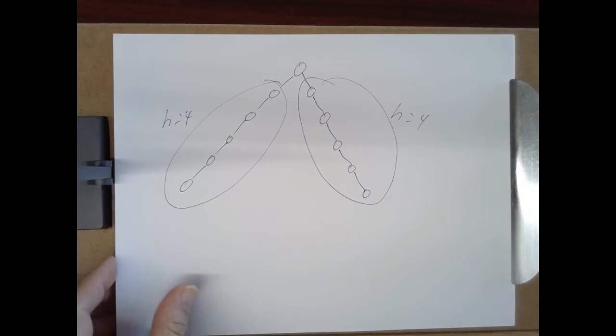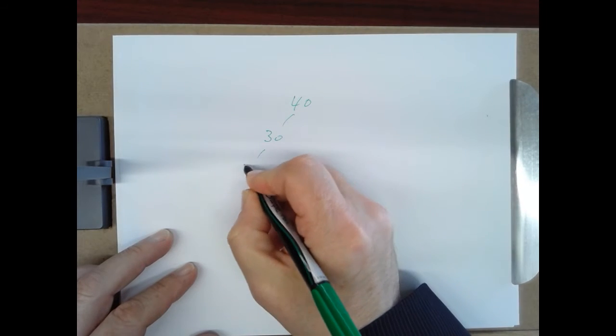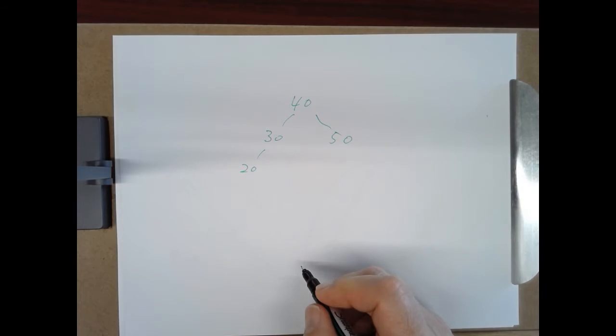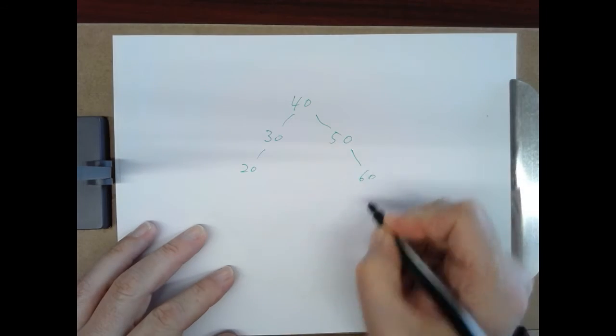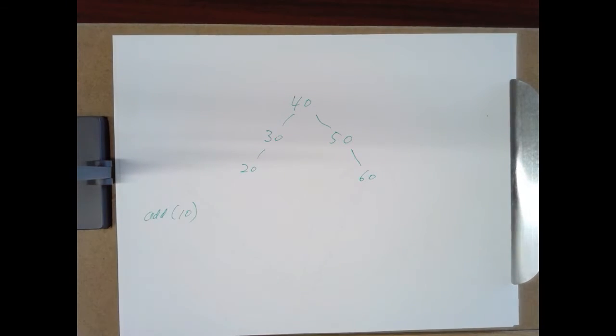So let's look at this last imbalanced example. Here's a 40, a 30, a 20, here's a 50, and a 60, and let's add a 10 to this tree.